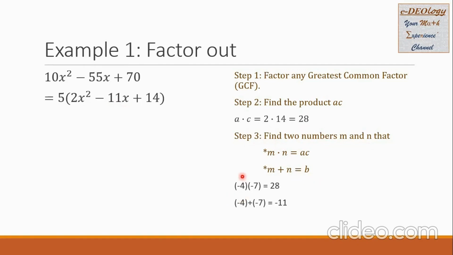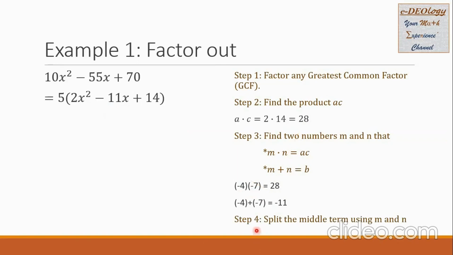After considering many pairs of factors, it was found that the negative 4 and the negative 7, if we multiply, will be equal to 28. Also, if we add the negative 4 and the negative 7, it is equal to negative 11. So the 28 here is the product AC, and the negative 11 is the B.